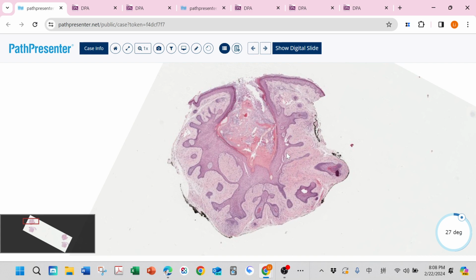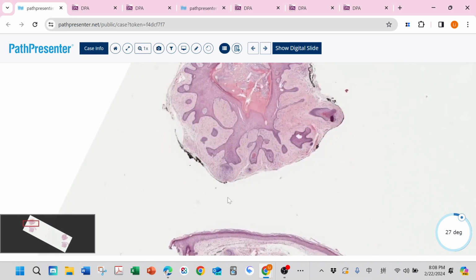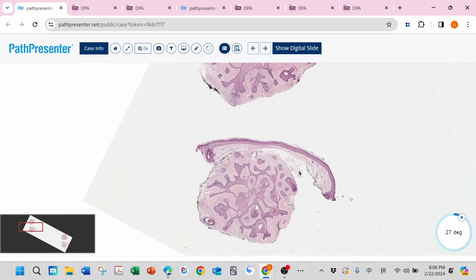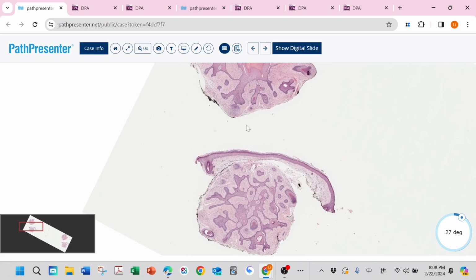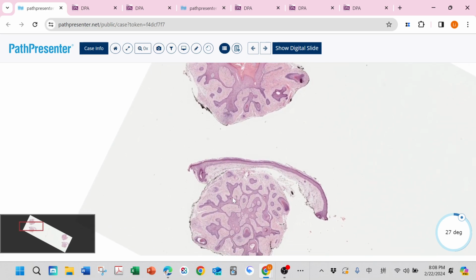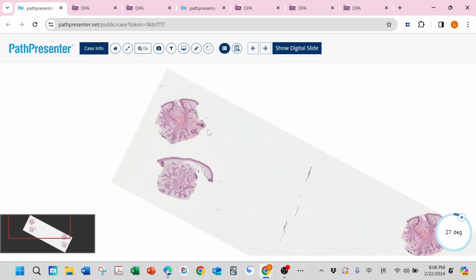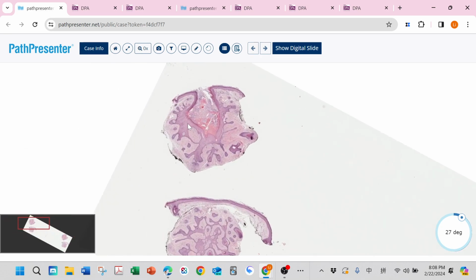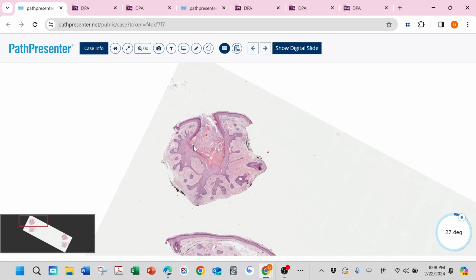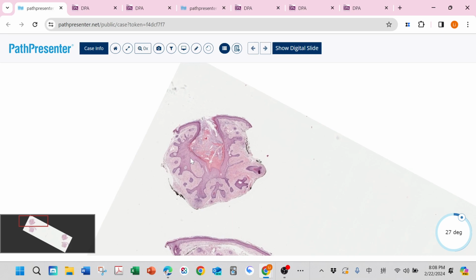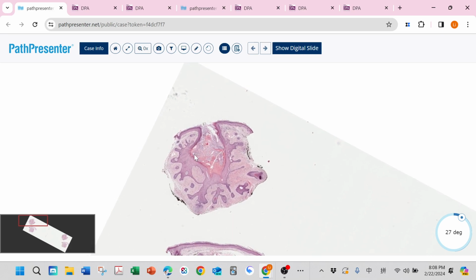Just this stretched out epidermis structure. Again, somewhat like a dilated hair follicle, these stretched out cords or strands of epidermis connect together. This one is fibro.